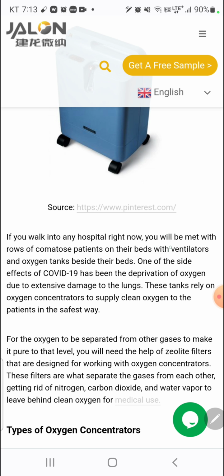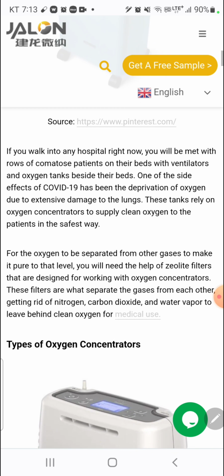One of the side effects of COVID-19 has been the deprivation of oxygen due to extensive damage to the lungs. These tanks rely on oxygen concentrators to supply clean oxygen to the patients in the safest way.